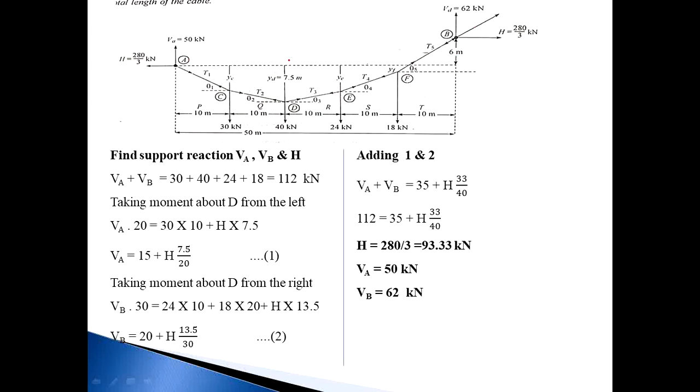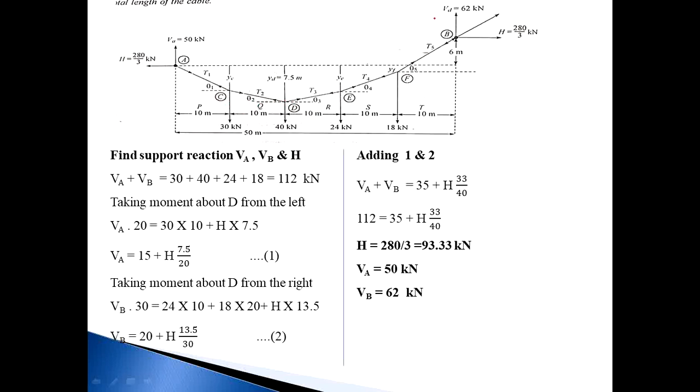So first, using the equilibrium condition, that is summation Fy is equal to 0. In the system, the vertical forces are, first, two reactions, VA and VB, and 4 vertically downward forces.